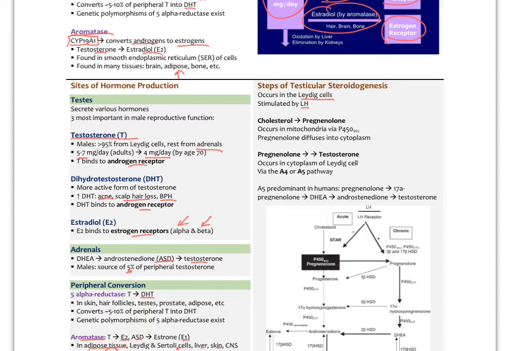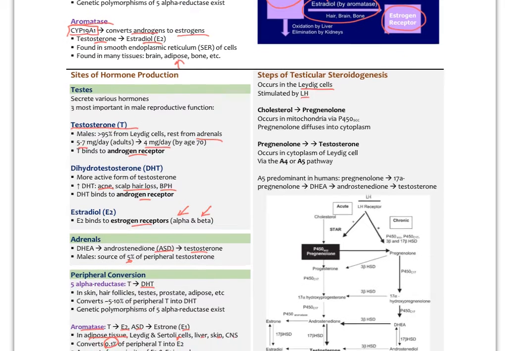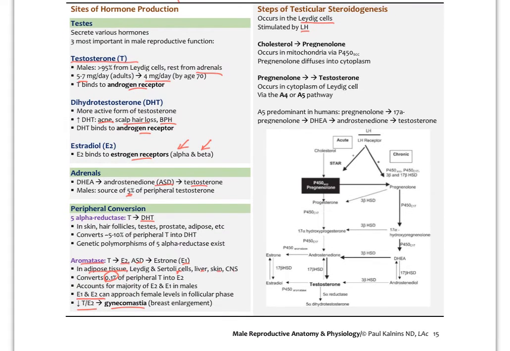And there are two different pathways that can be used to convert pregnenolone into testosterone. They're either the A4 or the A5 pathway. In humans, the A5 pathway is the most predominant, and that's the one demonstrated here with the darker lines. So here we have pregnenolone, and along the darker lines, we get 17 alpha hydroxypregnenolone.